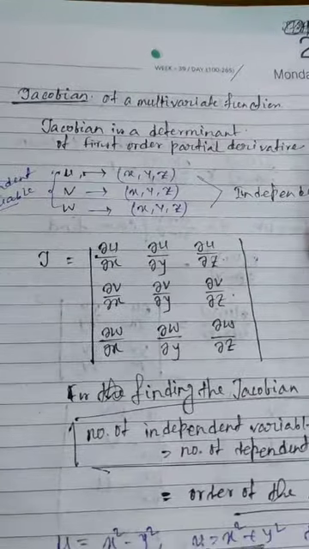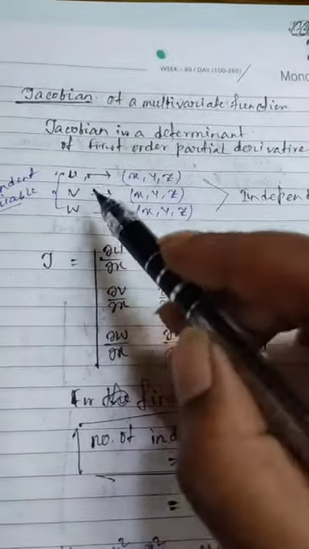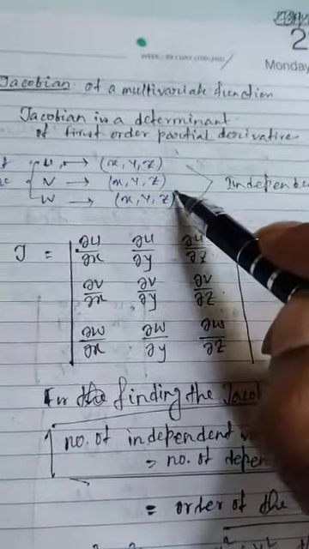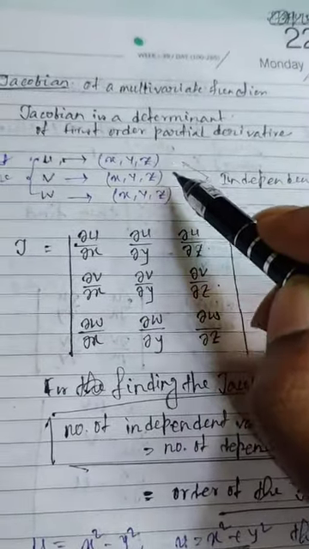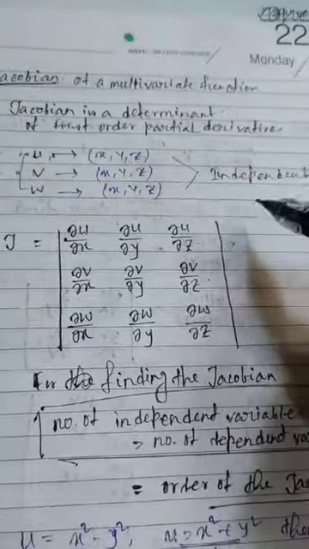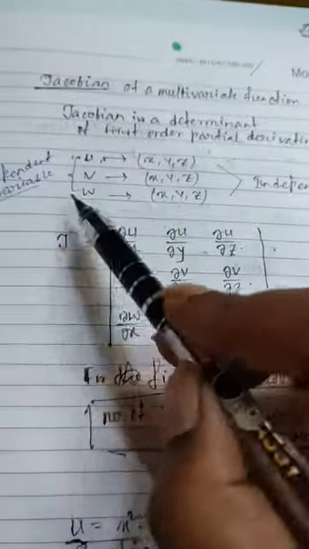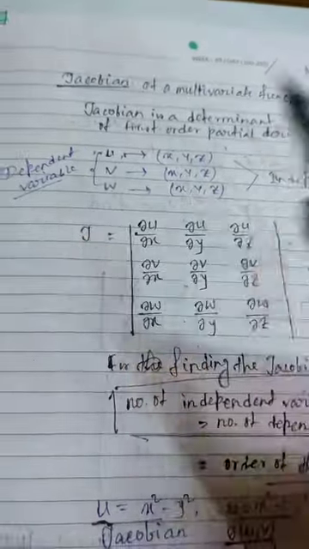Suppose we consider three functions u, v and w, where u, v and w are also functions of x, y and z. That means here x, y, z are independent variables and u, v, w are dependent variables.